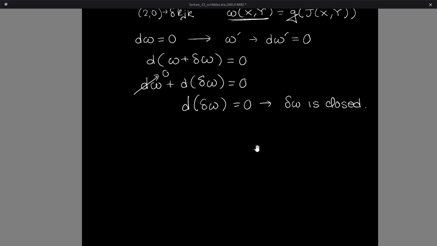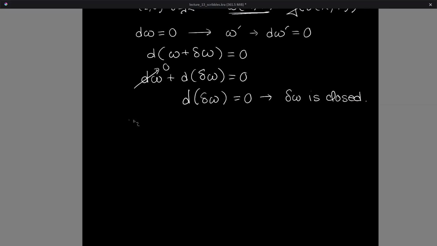But if we look at the Kähler class of omega prime, we can look at these gauge transformations and see when they will result in not geometrically distinct new configurations, right? So that will happen when the Kähler class of omega prime is the same as the Kähler class of omega.